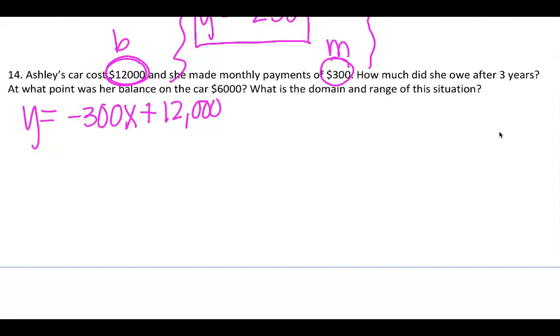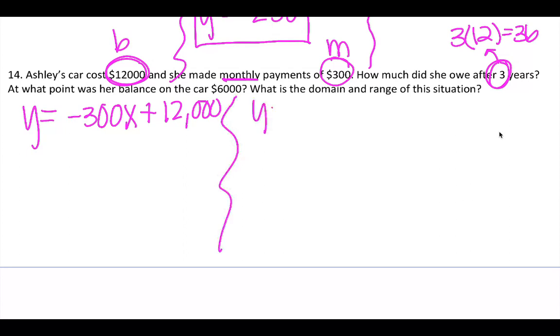It said, how much did she owe after 3 years? Well, we've been talking about months, so I need to change this into months. So 3 times, again, there's 12 months in a year, so 36. So I need to plug in y equals negative 300, instead of x, I'm going to have 36 months, plus 12,000.